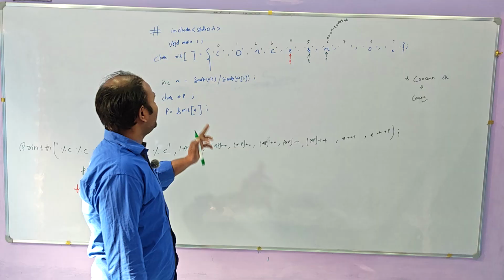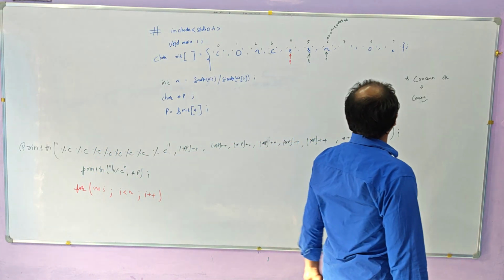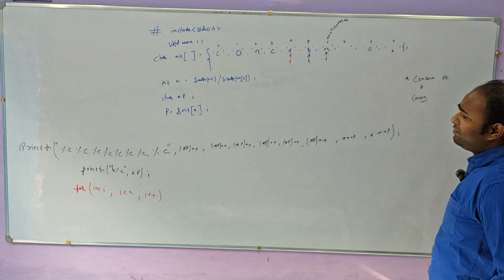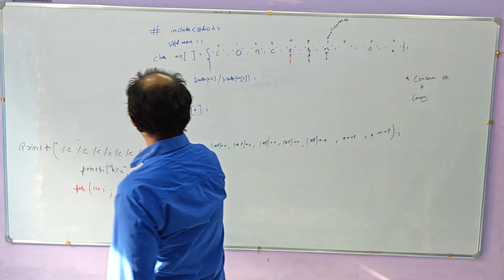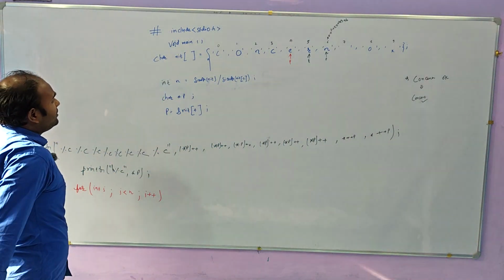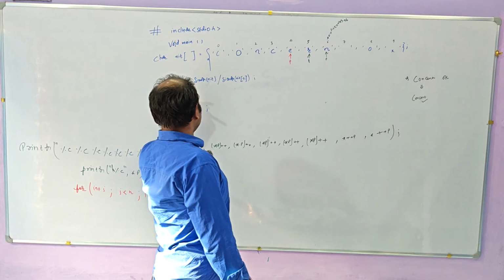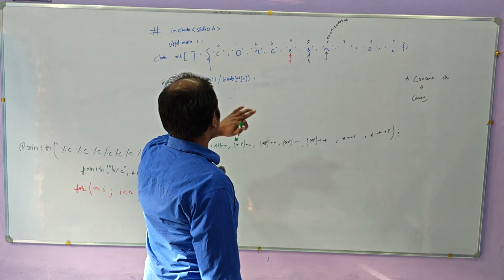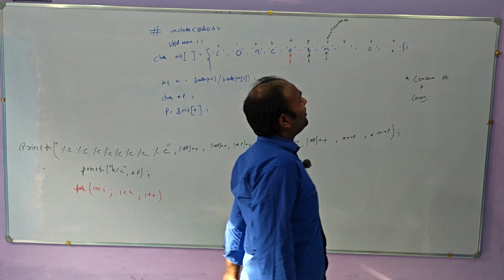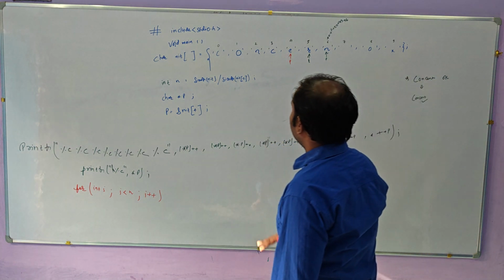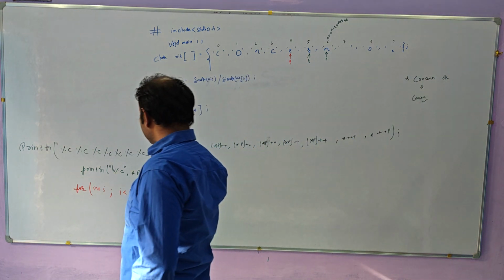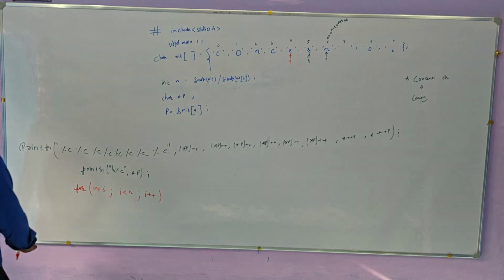Using this, we don't need to calculate the number of elements every time. Here the number of elements is stored in n, so we don't need to calculate it again if there is a change in the array.